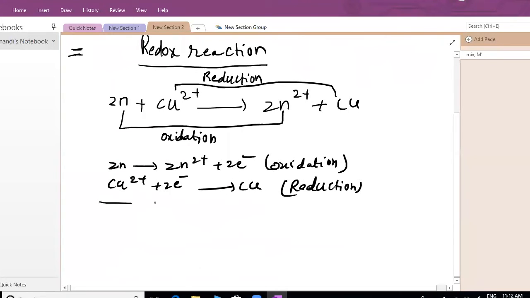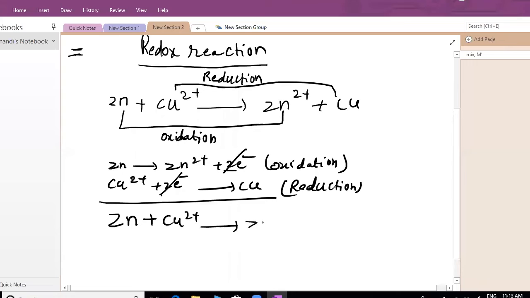The combination is the net reaction I am writing. If you are adding reactions, and the same number appears on opposite sides, that is cancelled, sir. This is the left side, this is the right side, the electrons. So these two cancel each other, the same number, two. So the remaining is Zn plus Cu2+ gives Zn2+ plus Cu.